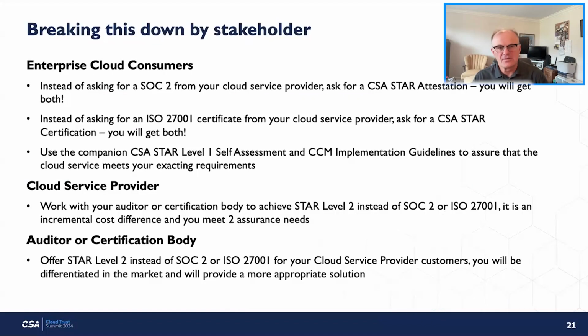So if you break this down by stakeholder, from an enterprise cloud consumer perspective, if you're an enterprise out there today wanting to understand this, what I would say is instead of asking for a SOC 2 from your cloud service provider, ask for a STAR attestation, because then you essentially get both.